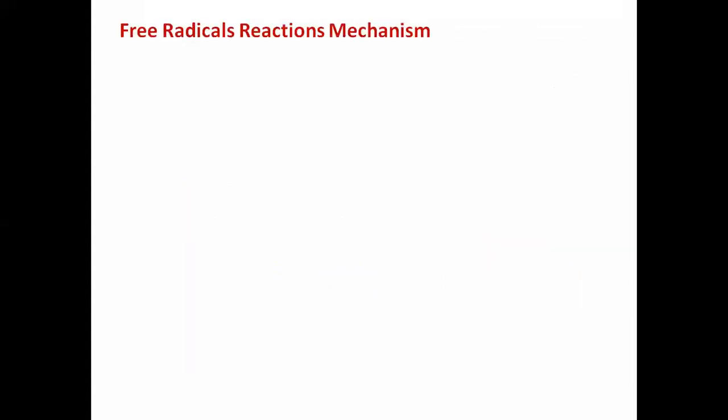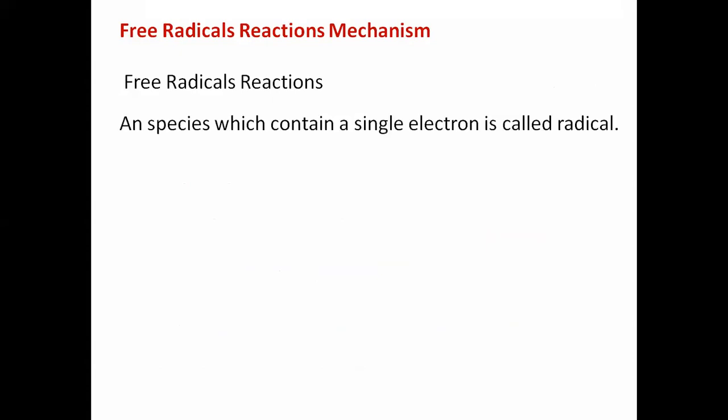In this free radical reaction mechanism, we have to think about free radical reactions. And what is a free radical? That is a question. A free radical is any species which contains a single electron.